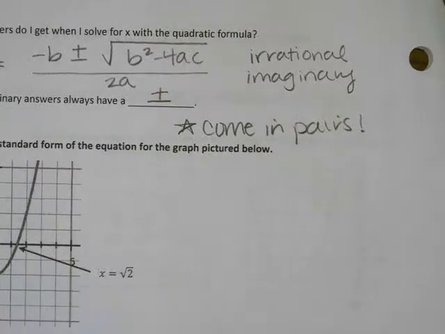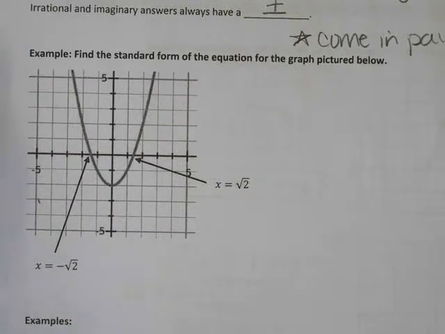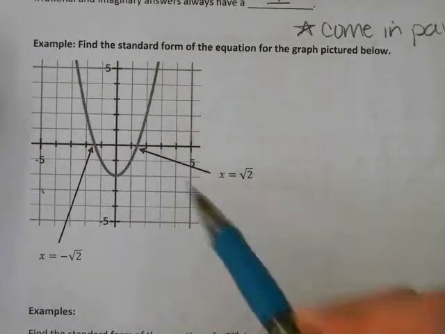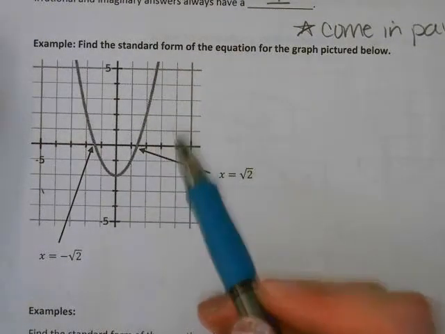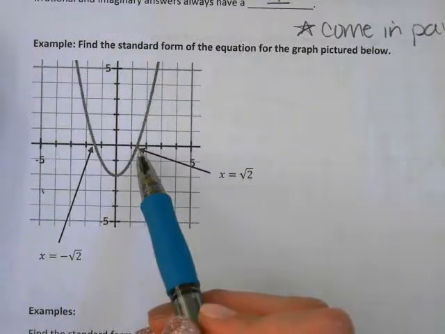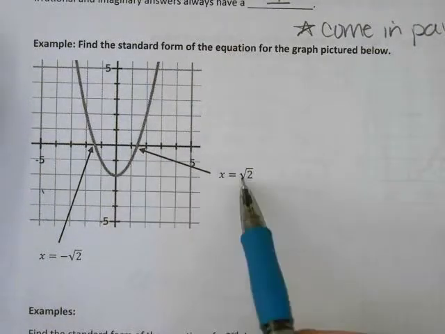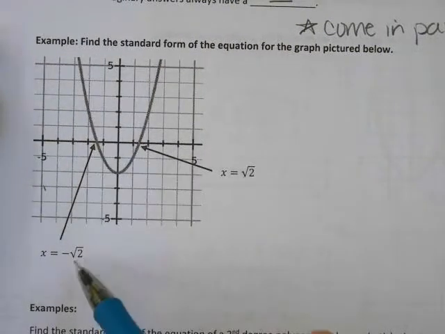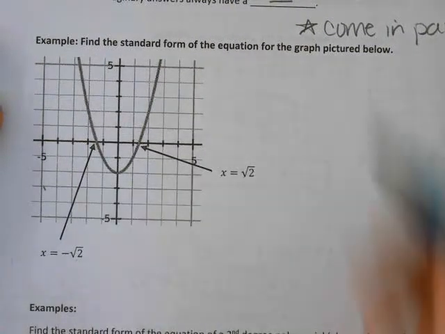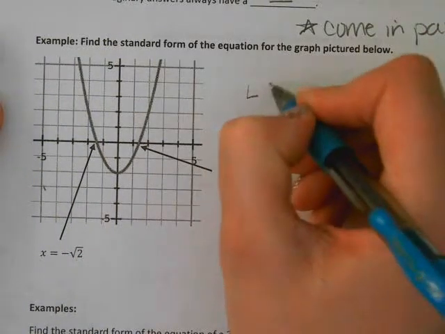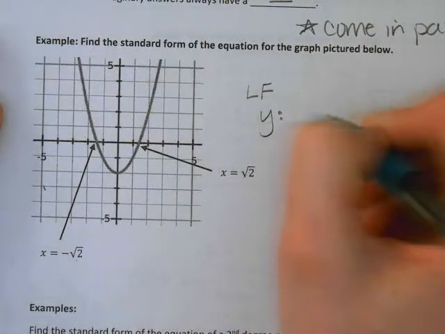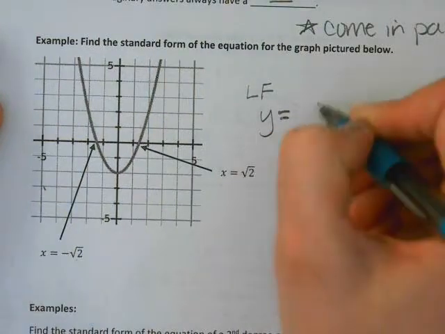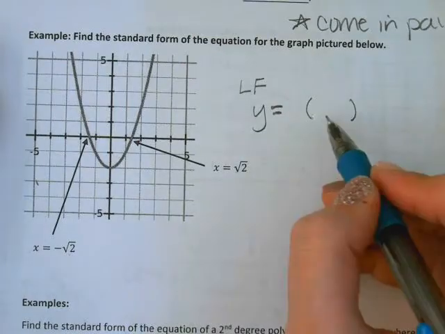All right, so for this one, we have our first set of irrational answers. They say that the decimal we would get for the x-intercept right here is the positive square root of 2. The decimal we would get over here is the negative square root of 2. So if we were to write the linear factorization and put these in parentheses, what would our first set of parentheses say?